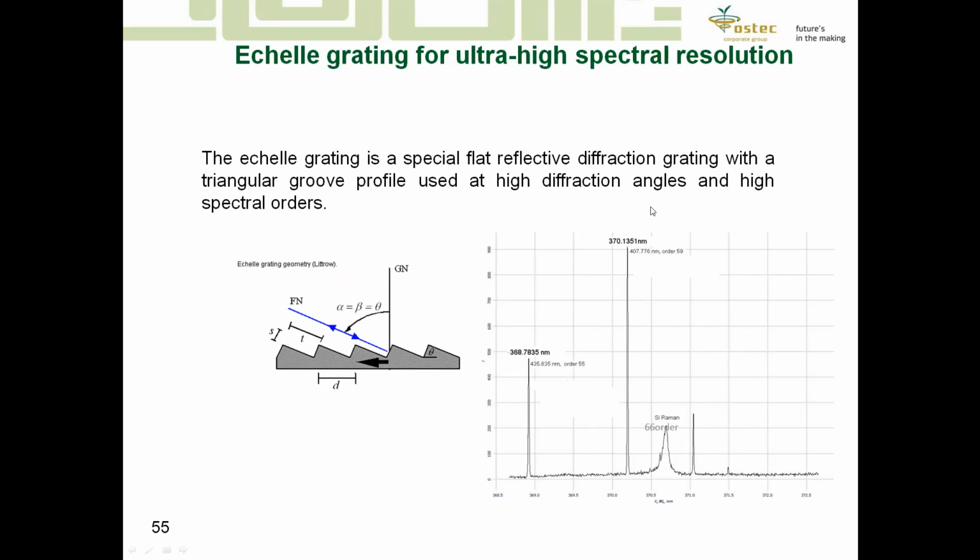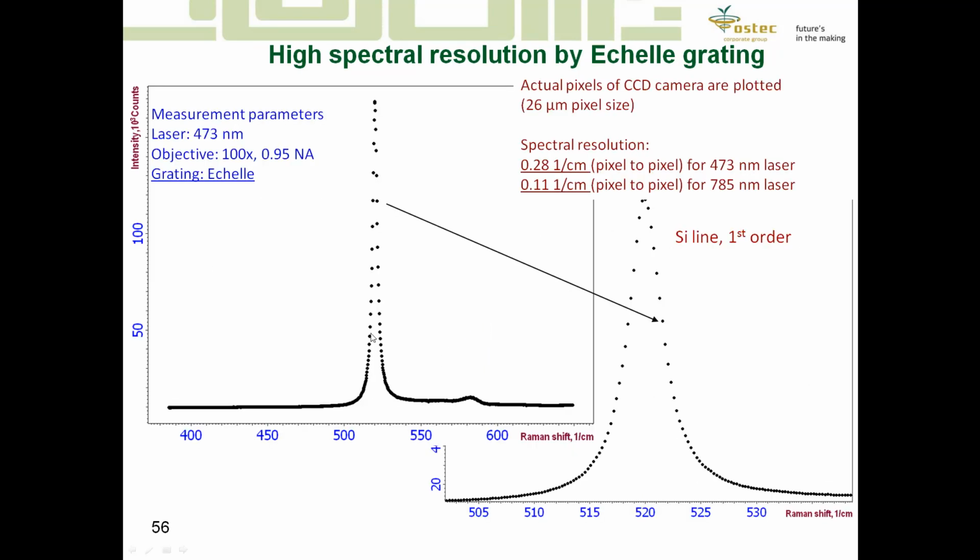Another feature of the systems is using a high resolution spectral grating. There is an Echelle grating which works in a higher order, for example 60th order or 55th order, and it allows us to resolve a peak with very high resolution, and the pixel to pixel resolution is 0.1 wave number.